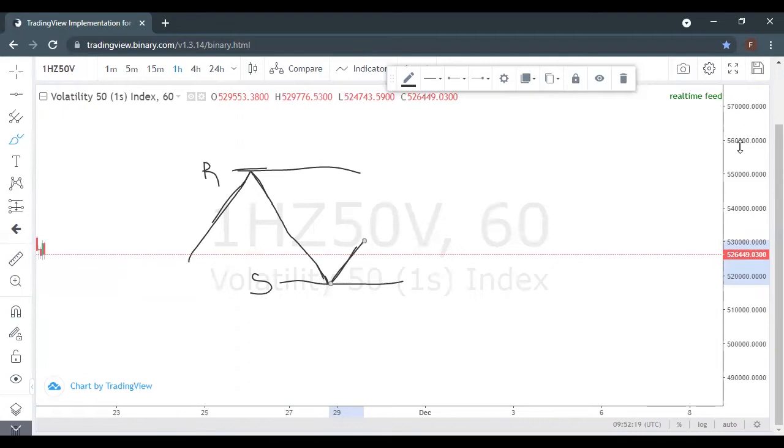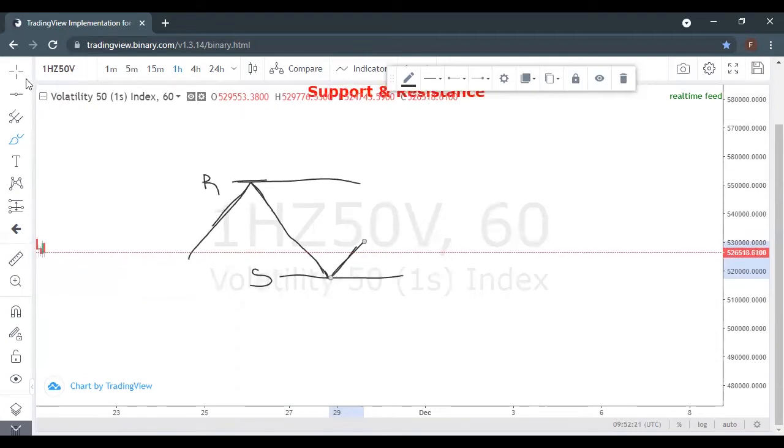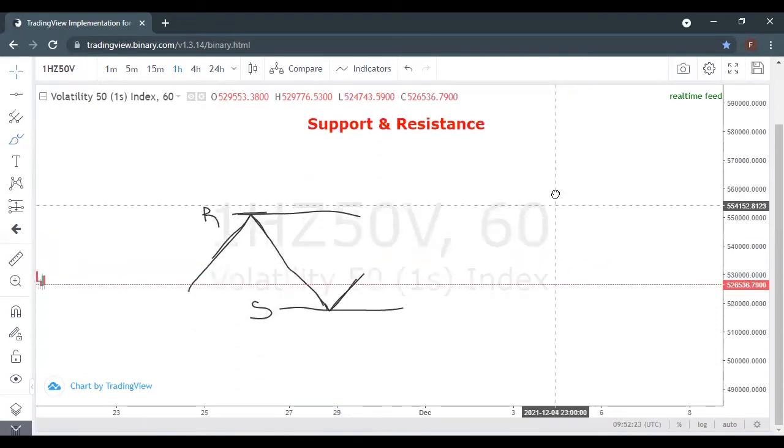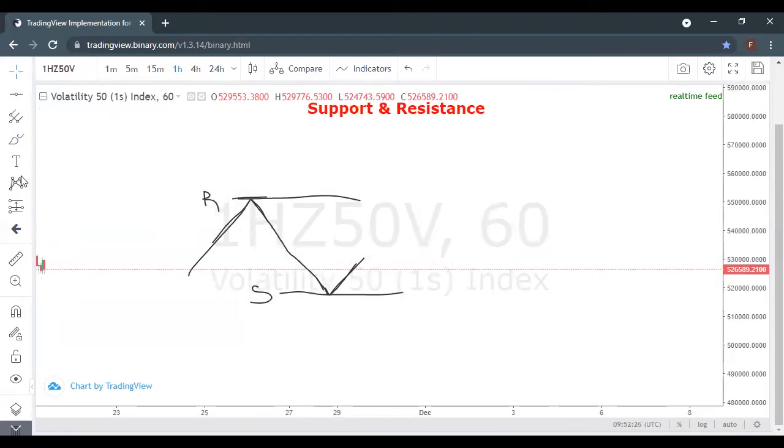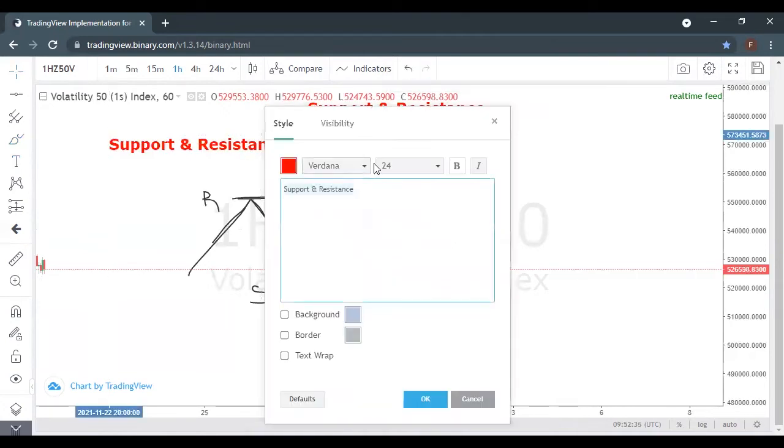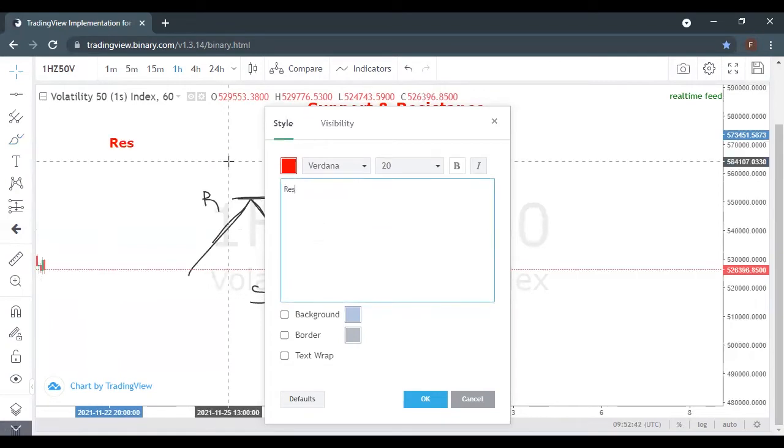I always believe that I have to write the definitions down for the sake of people who will be taking notes. So as we move to the next thing, let's write a quick definition of support and resistance.